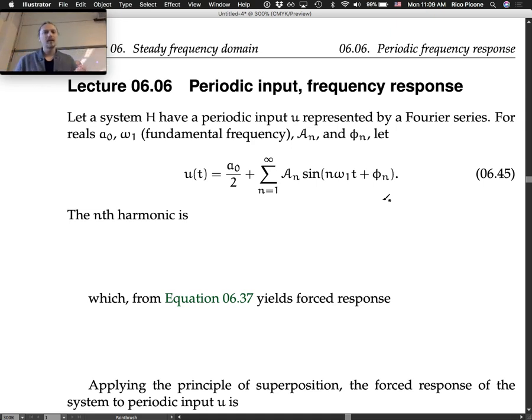So, we've built up this entire frequency domain apparatus, and this is the last key topic, but there's so much to it, and I could talk for the rest of the semester on frequency domain stuff.